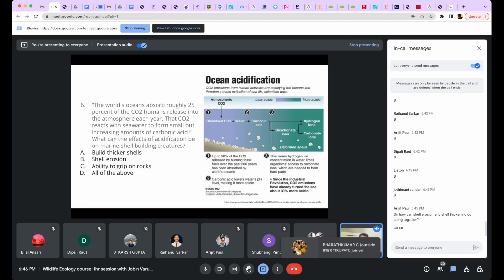For some, erosion of the shell happens and they can't do anything about it. Some actually adapt to the higher acidity and build thicker shells. Certain others just lose the ability to grip on the rocks. Okay, I'll move on to the next question. The answer for this question is D, all of the above.